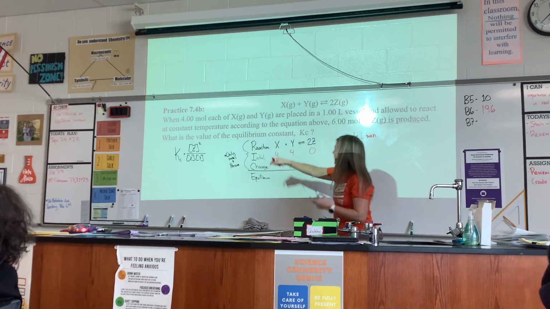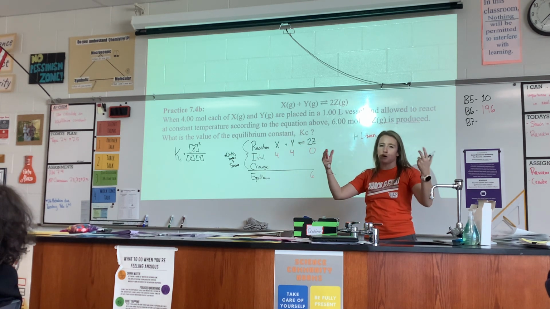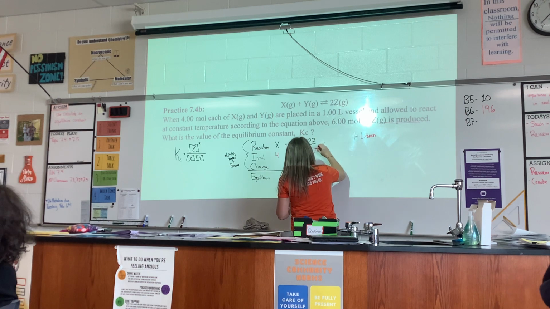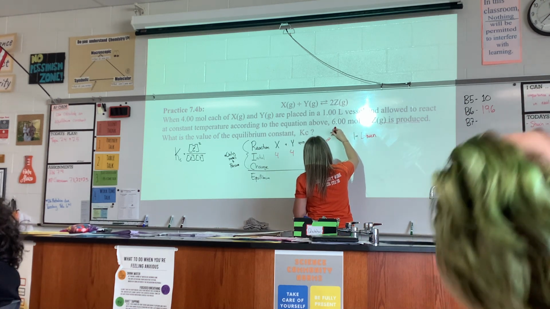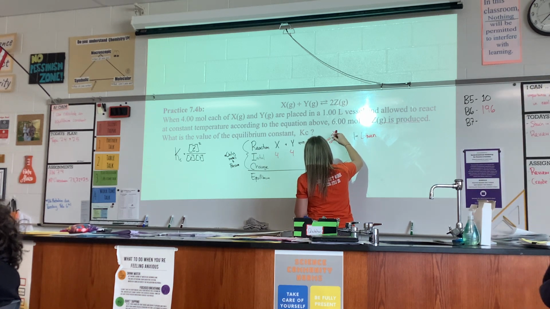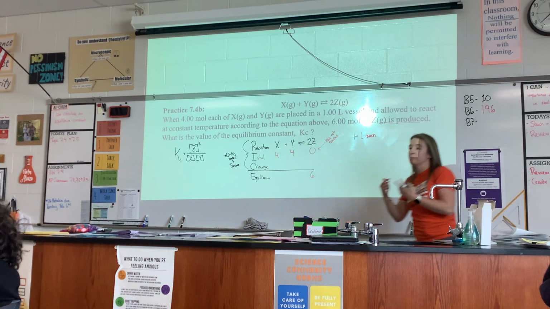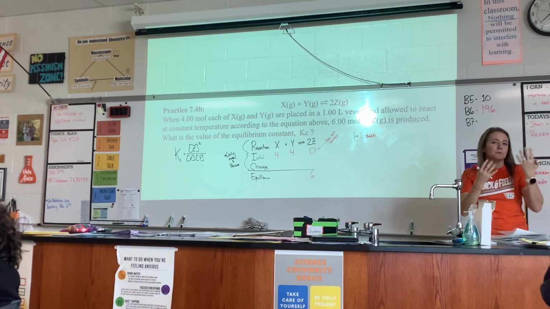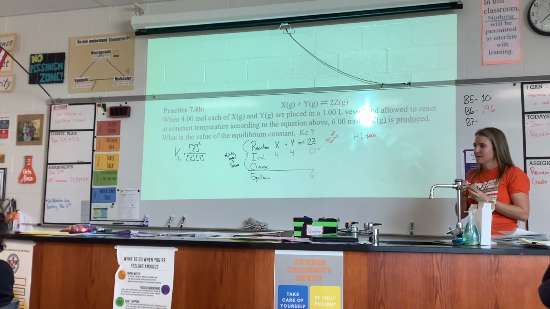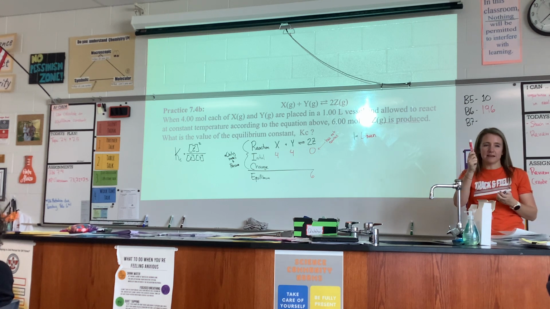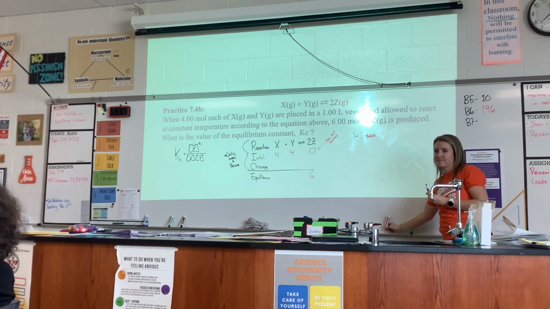So when they tell me I have 4 and 4, they're saying there's no Z left. So this will often be 0 because it hasn't reacted. The only time it wouldn't be 0 is if the problem would tell you a number. That's what I mean by the read between the lines idea. Nothing else is given, so I'm going to switch colors now.